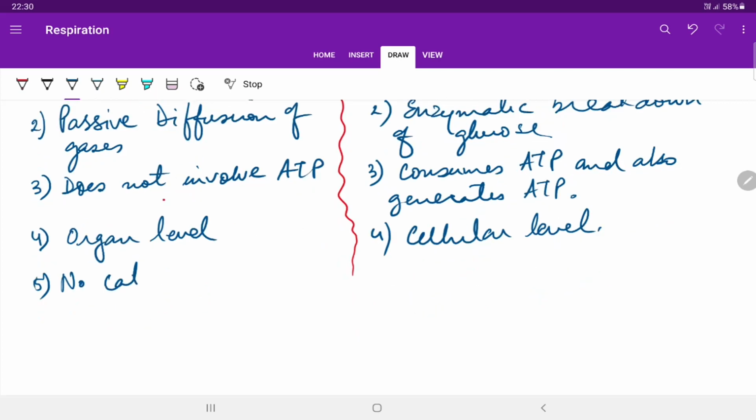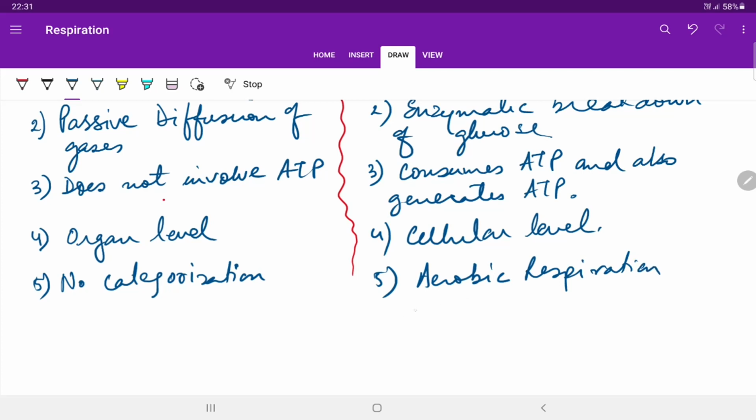No categorization is seen in breathing, whereas in respiration we have two categories because we have two types of respiration. One is called aerobic respiration and another is anaerobic respiration.